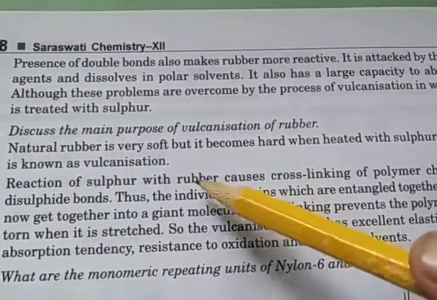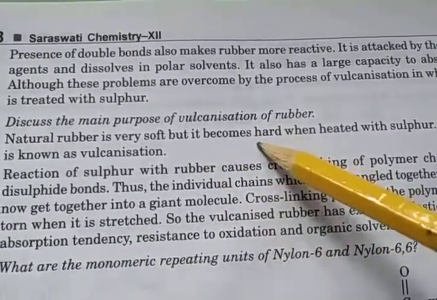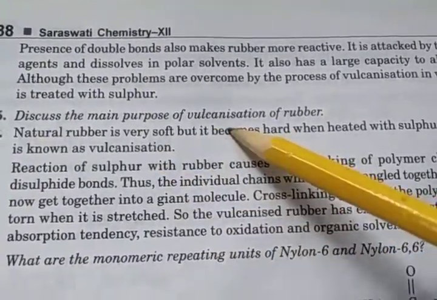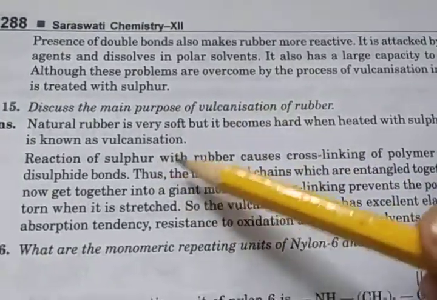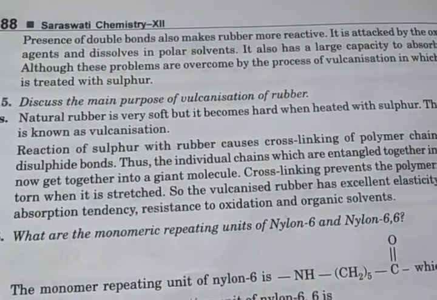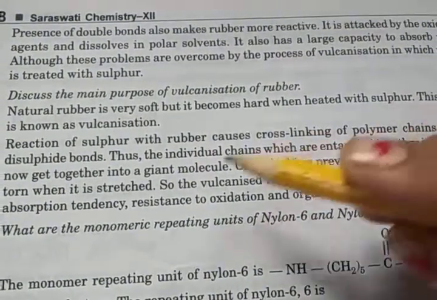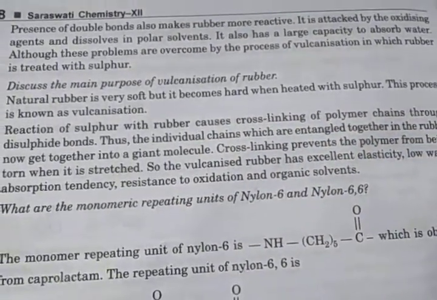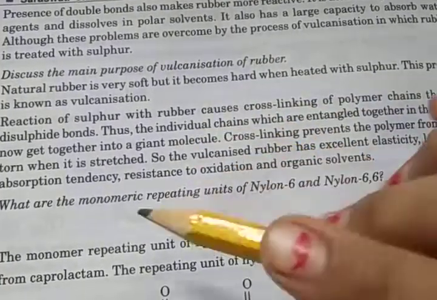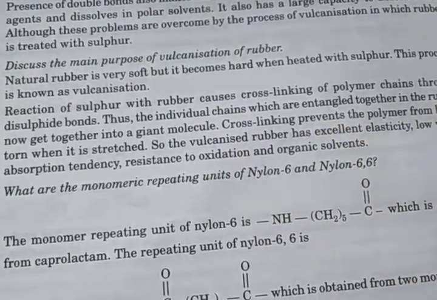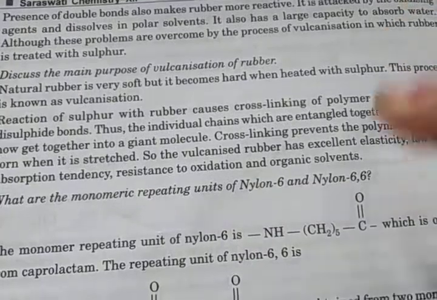Then question number 15: discuss the main purpose of the vulcanization of rubber. Natural rubber is very soft, but it becomes hard when heated with sulfur. This process is known as vulcanization. Sulfur reacting with rubber causes cross-linking of polymer chains through disulfide bonds. The individual chains, which were entangled together, now join into a giant molecule.